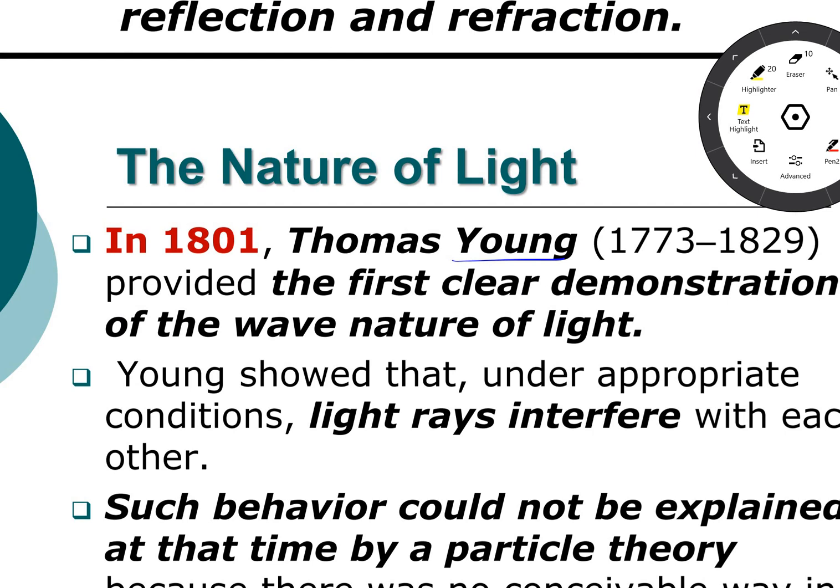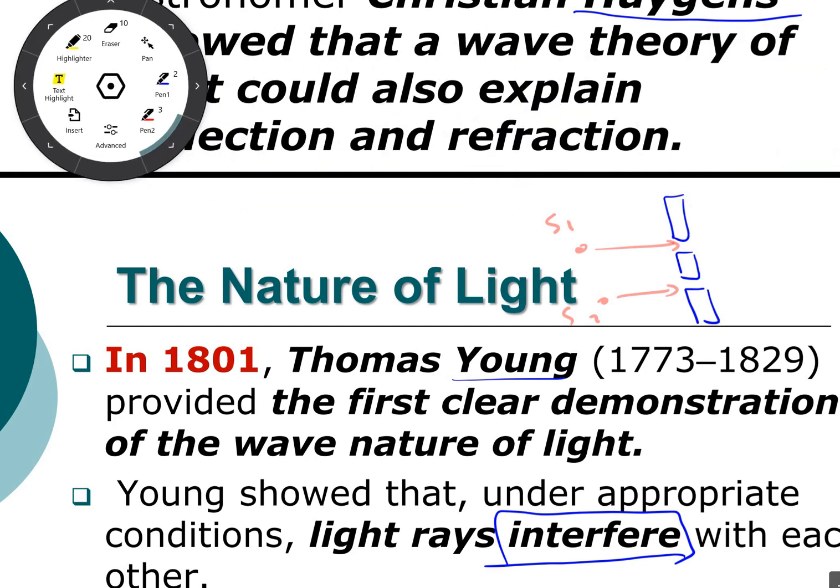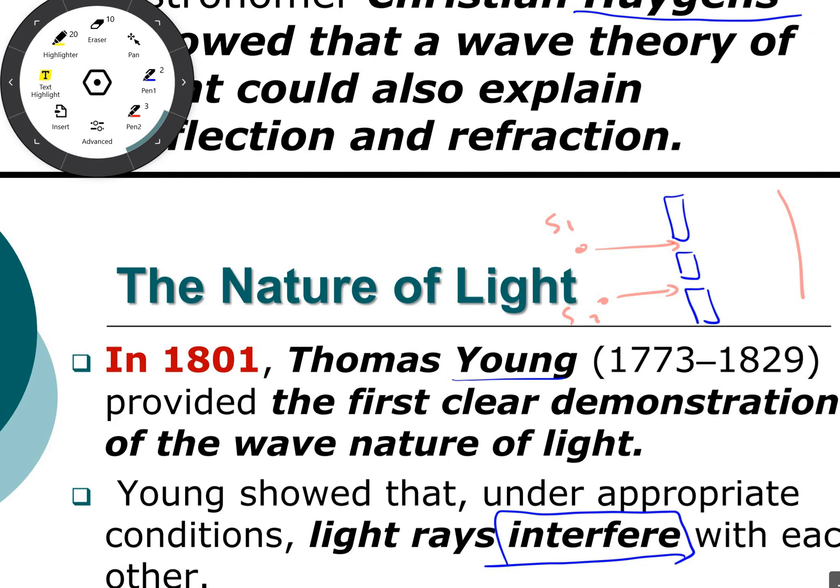designed an experiment. He tried to make a kind of interference between two light beams. If I have a wall like this, and in the wall I have two slits, and I have two light sources, S1 and S2, the two light beams will interfere at a screen here.